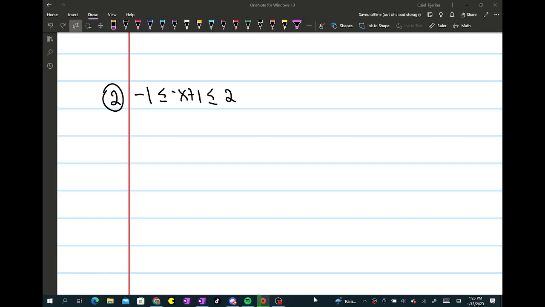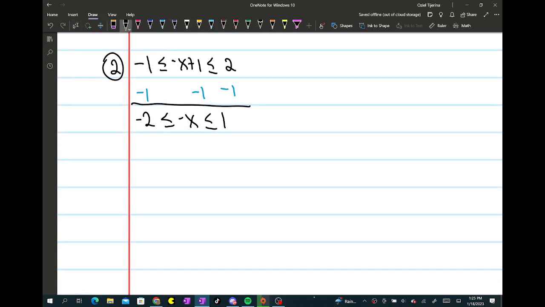Here's another one. We have -1 less than or equal to -x plus 1 less than or equal to 2. The same thing goes. We're solving for x, so we subtract 1 on all sides. This would be -2 less than or equal to -x, less than or equal to 1. Then the only thing you have to do is divide all sides by -1, but when you do that, you have to change the signs.